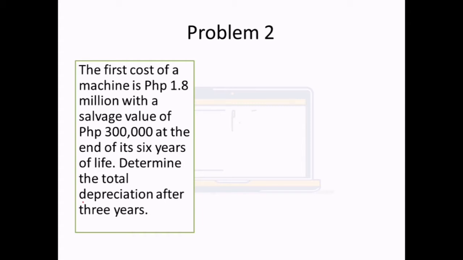And so for this problem, the given are the first cost of the machine, or C sub O, equal to 1.8 million pesos. And then, it is also given with a salvage value of 300,000 pesos.